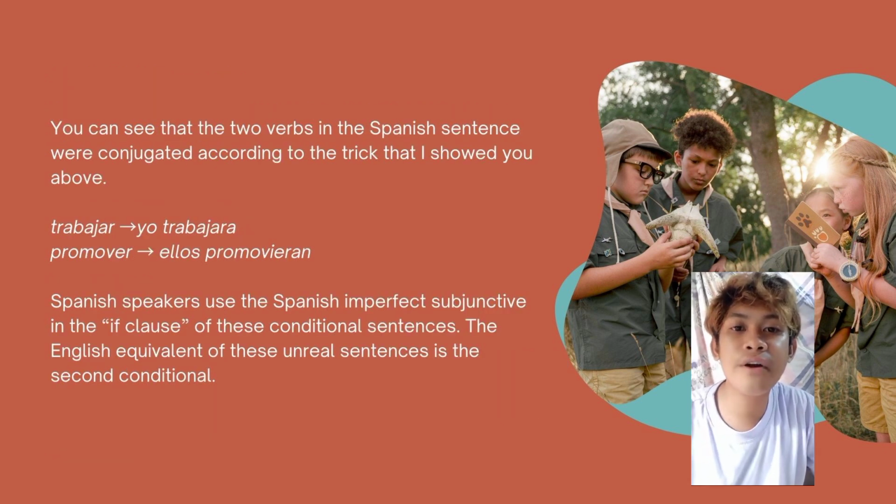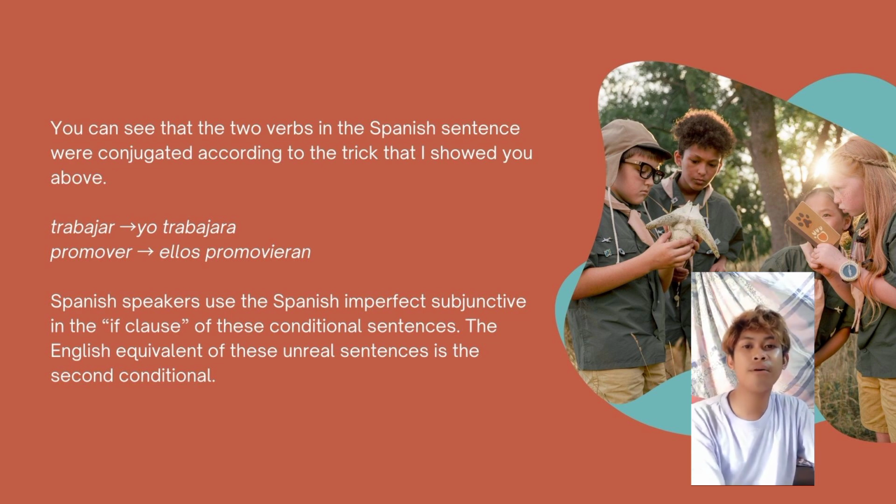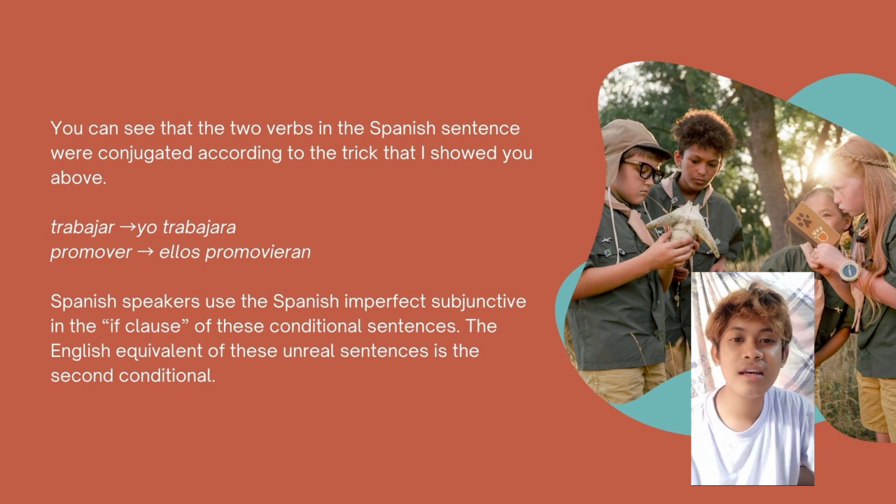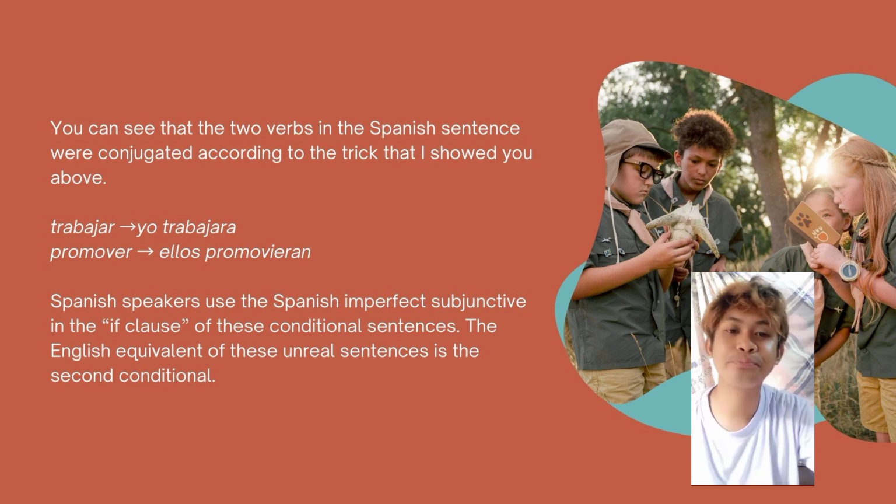You can see that the two verbs in the Spanish sentence were conjugated according to the trick that I showed you above. Trabajar, yo trabajara, promover and ellos promovieran. Spanish speakers use the Spanish imperfect subjunctive in the if clause of this conditional sentence, the English equivalent of this unreal sentence in the second conditional.